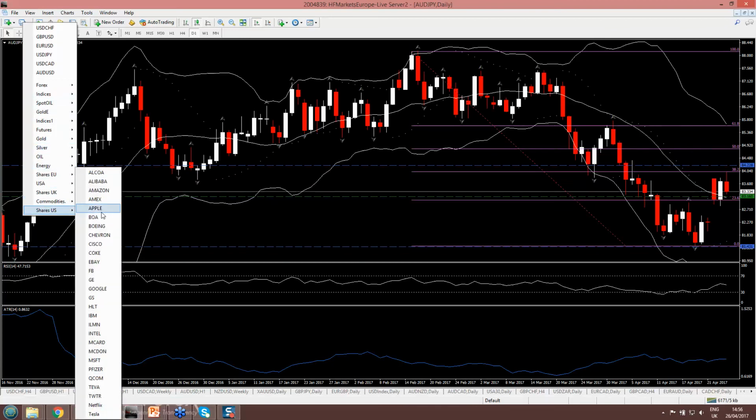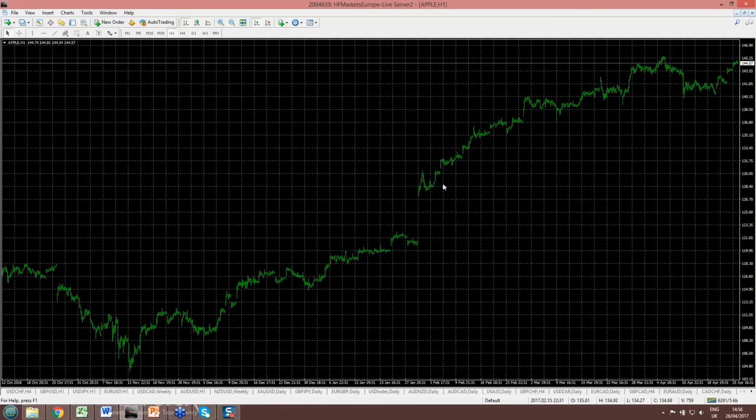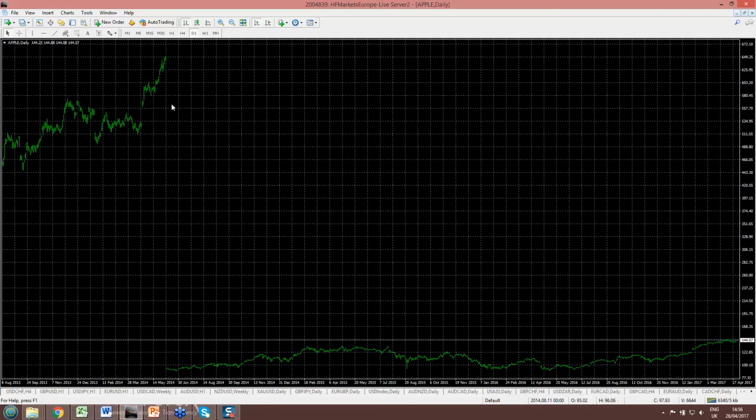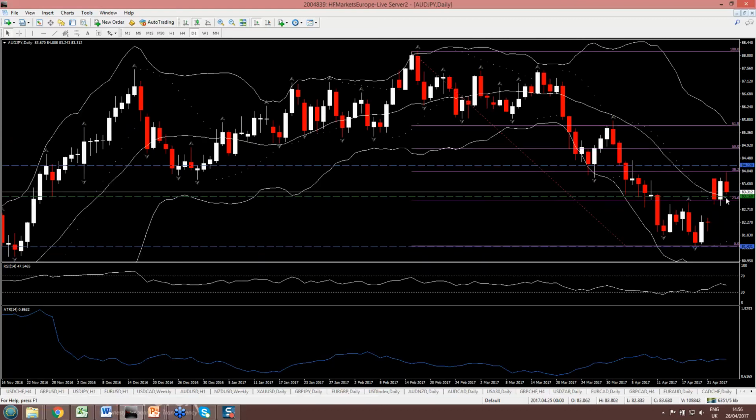So bring up something like Apple, and you can see this is the 1 hour chart, but even on the daily chart, Apple can gap around quite a lot. No big gaps all the time. Don't get that with forex. Well, you get it on Monday, but you very, very rarely get that as gaps. Okay.